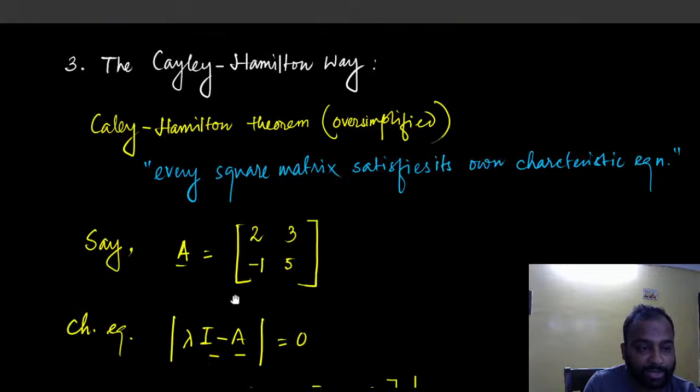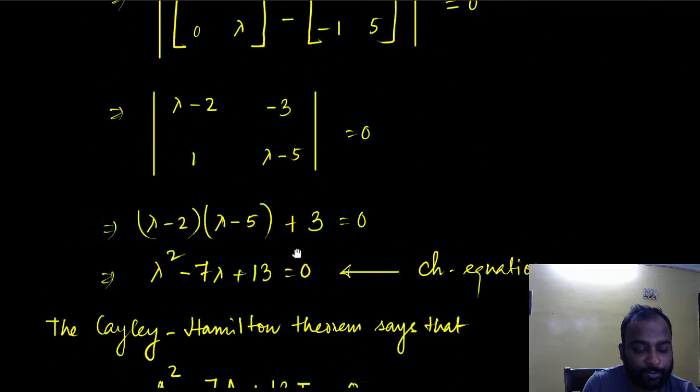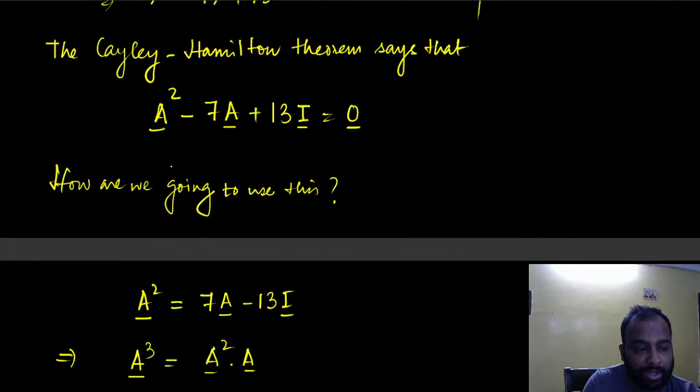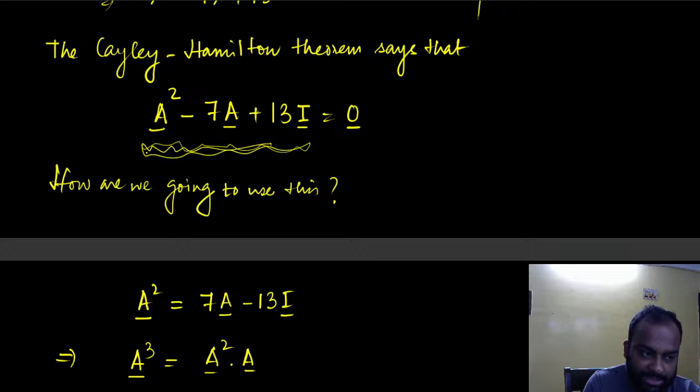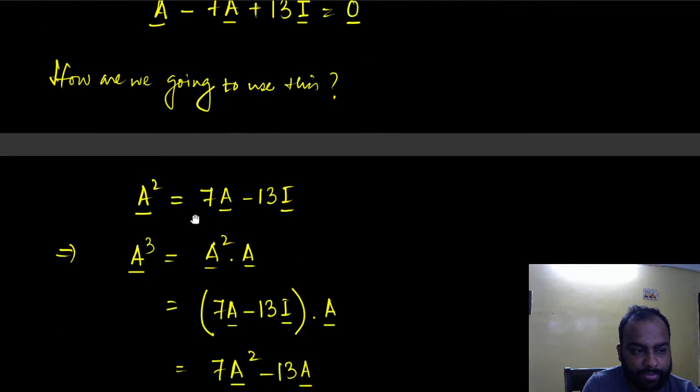If I give you this equation and say that this is true, then you can replace A with lambda, because any equation the matrix satisfies, the eigenvalues also satisfy. This is not just the characteristic equation. If this equation is satisfied by the matrix A, which it does, then the eigenvalues would also satisfy this equation.